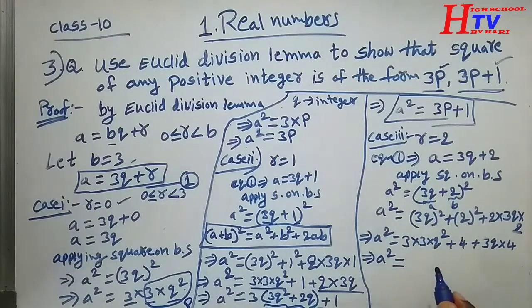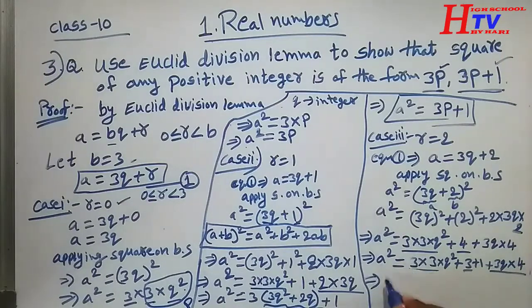A square equals, now here 4 should be written as a sum of two numbers, 4 can be written as 3 plus 1. So 3 into q square as it is, plus 3 plus 1, plus 3q into 4. That implies a square equals, from these three terms we have 3 common, write it outside the bracket.